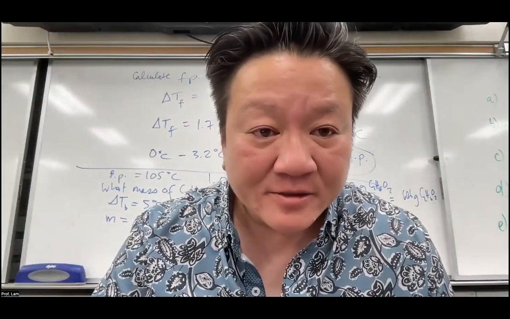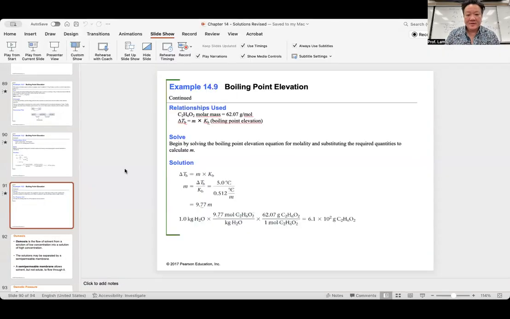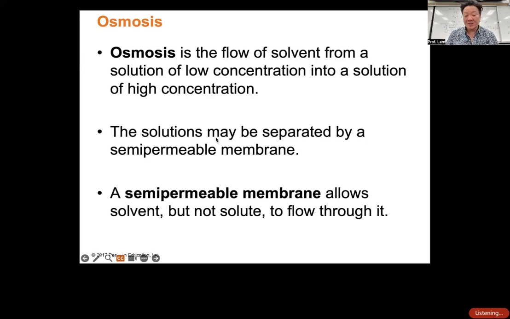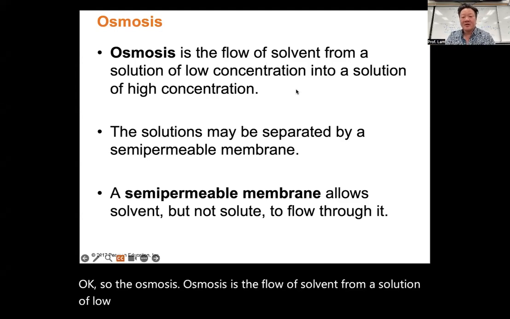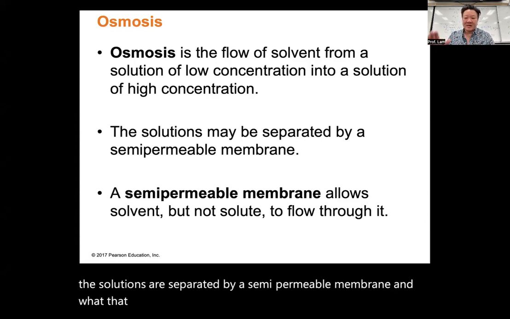All right, so back to our slides, and our last topic here is on osmosis. Osmosis is the flow of solvent from a solution of low concentration into a solution of high concentration. Usually the solutions are separated by a semi-permeable membrane, which allows solvent to flow through, but not solute.